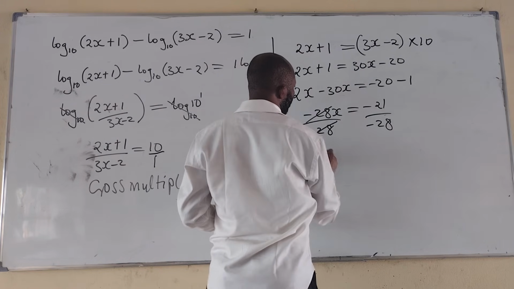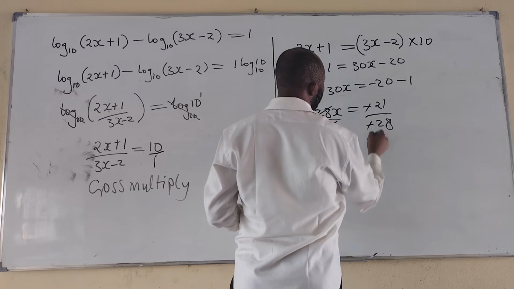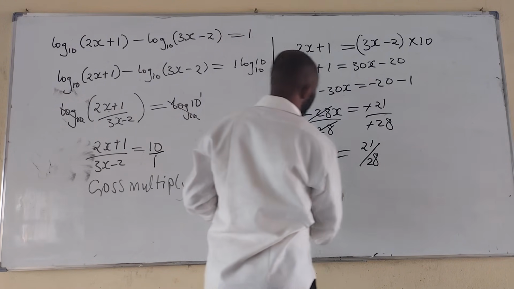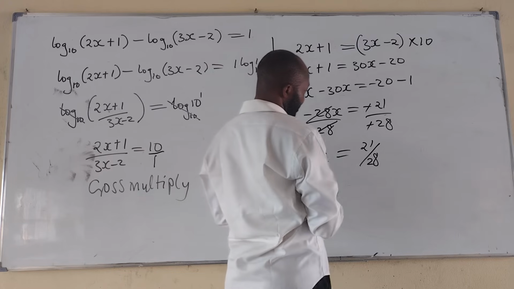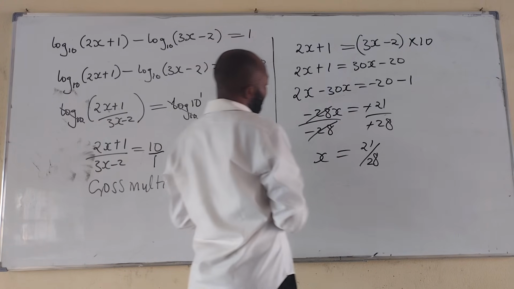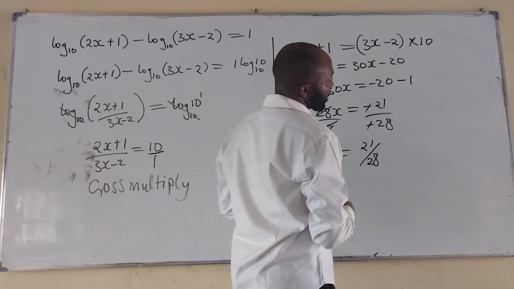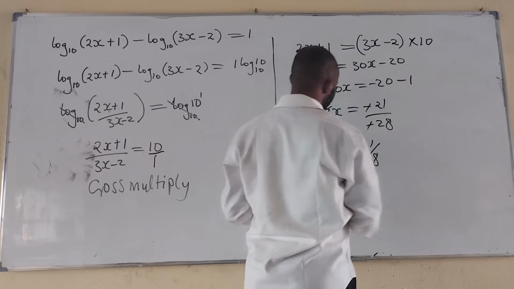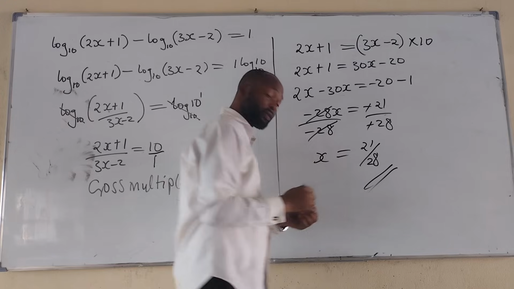My x is equal to 21 over 28. Let's leave it as 21 over 28.